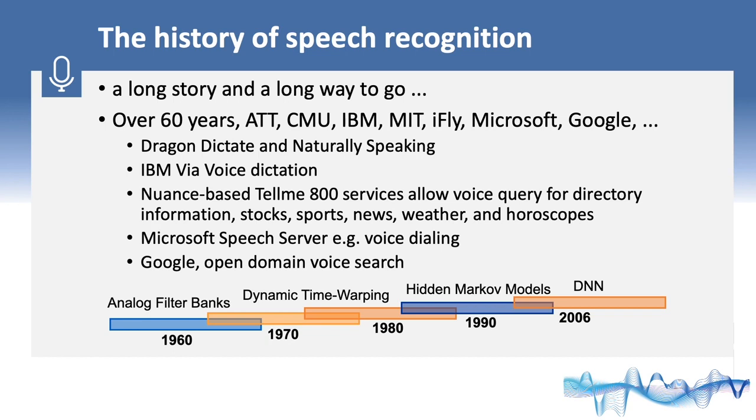The techniques for speech recognition began with analog filter banks in the 1960s. Then the dynamic time warping (DTW) algorithm was used to create a recognizer capable of operating on a small vocabulary.